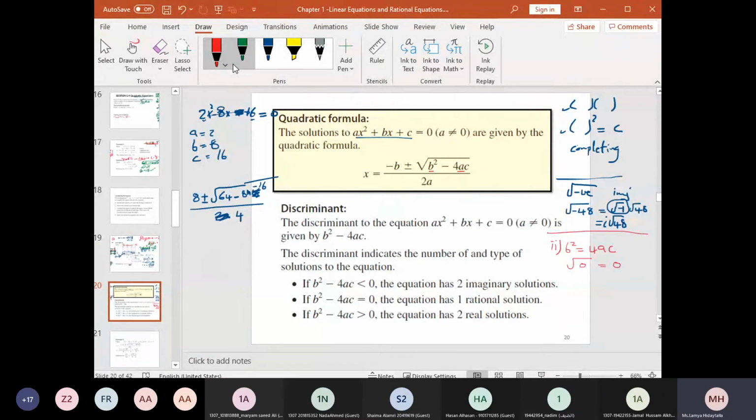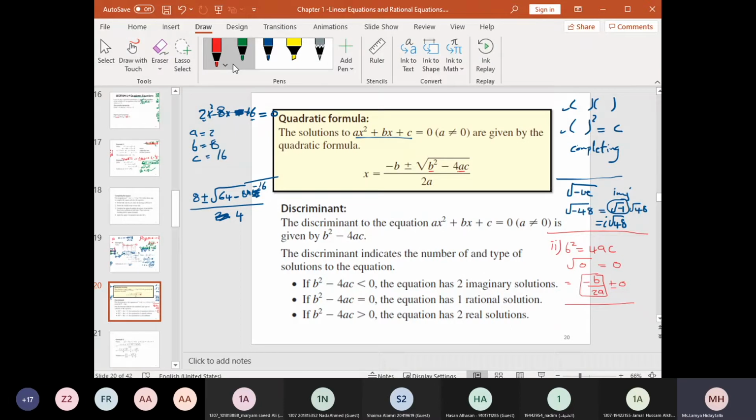So in this case the solution will equal minus b over 2a. So I have one solution, because it is plus or minus zero so nothing will change, correct. So I have a single solution, which is minus b over 2a.